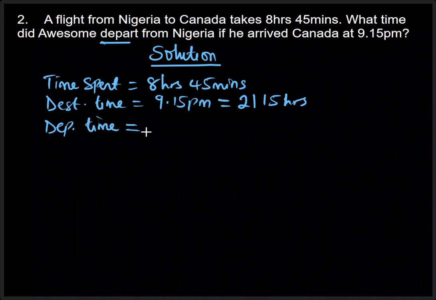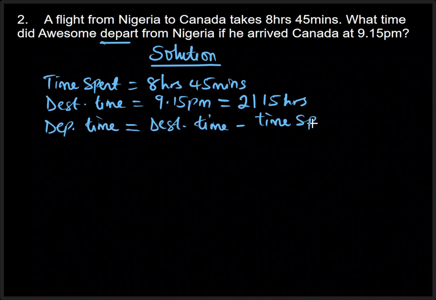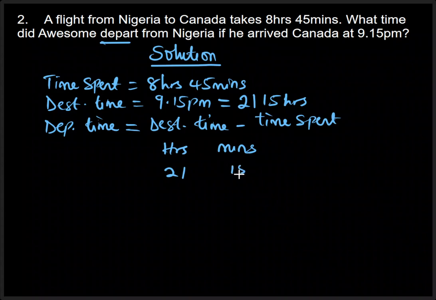All right, so we are looking at departure time. The formula is destination time minus time spent. So this will give us hours and minutes, and then we have 21:15, and then we have 8:45.